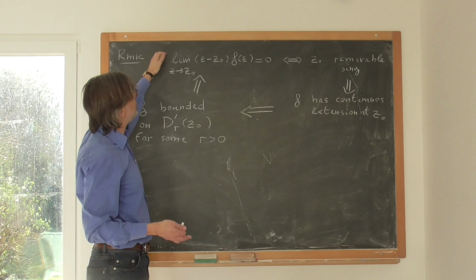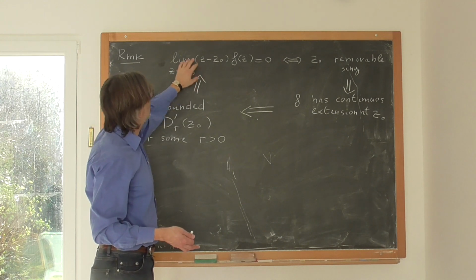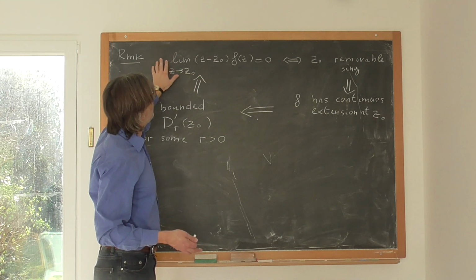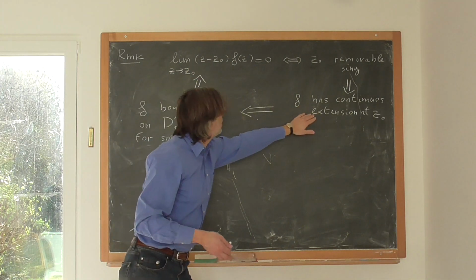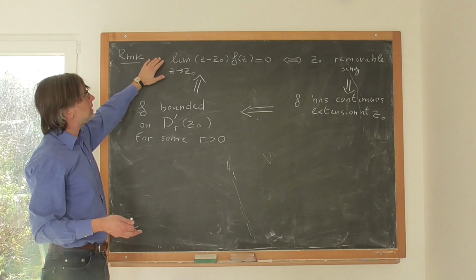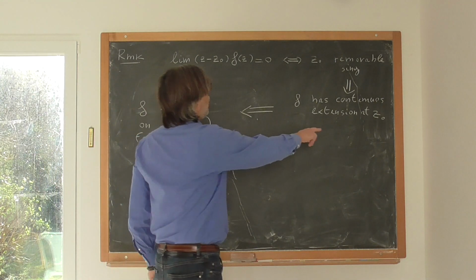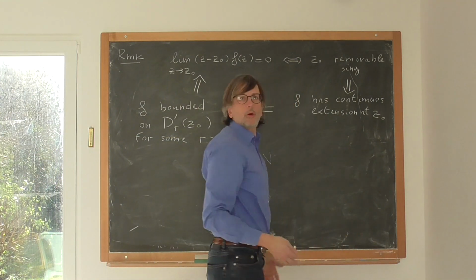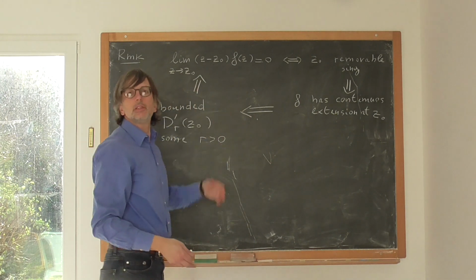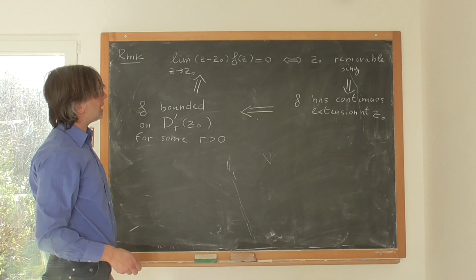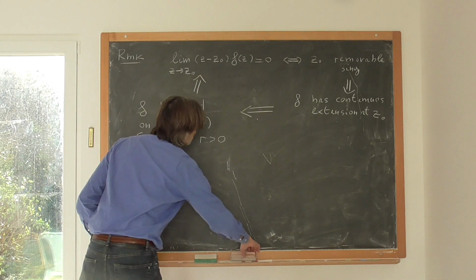So what we proved in the theorem is, so this is sort of the apparently weaker condition. It's implied by these other two conditions, but actually all these conditions for holomorphic functions turn out to be equivalent. We will use this fact all the time.